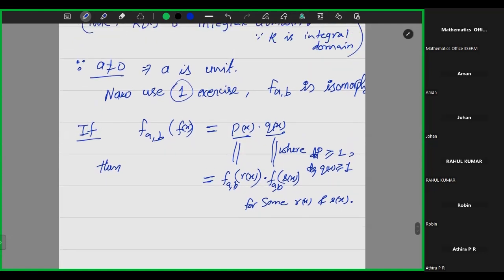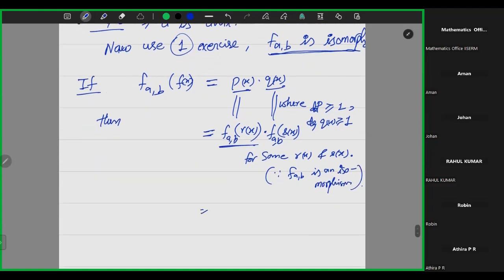Okay, I am giving you this hint. f_ab is an isomorphism, so in particular, it is surjective. So for any p, you will get this: some r(x). p(x) can be written as f_ab(r(x)), since f_ab is an isomorphism. Now you just look at it.